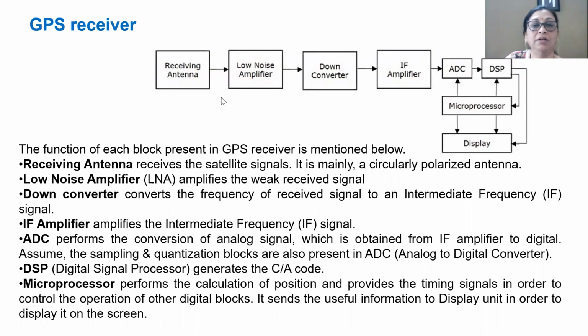The amplifier used here to amplify the signal received from the antenna is called a low noise amplifier. It will amplify the received weak signal, and it will also cancel the noise, so the noise content is reduced to a very great extent.